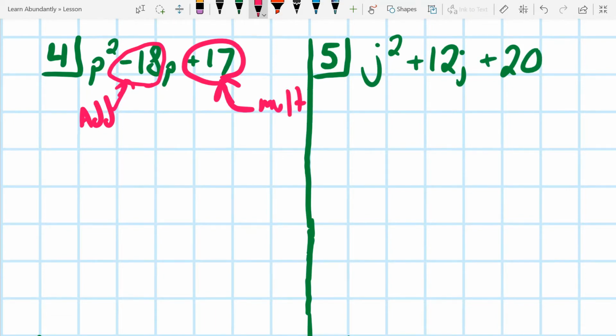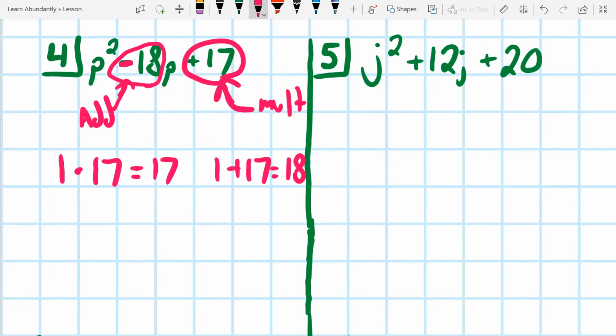So if we go ahead and try to find the factor pairs, we might notice that what multiplies to 17? Well, actually, the only one that we can really think of is 1 times 17. The catch is that 1 plus 17 is 18, and it's supposed to be negative 18, which means that that's not going to work.